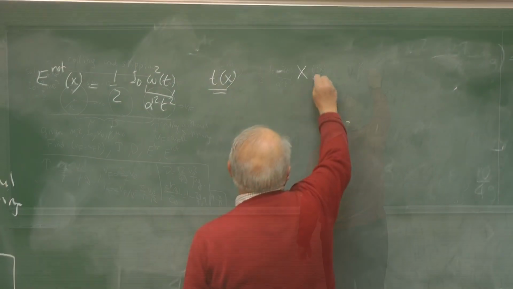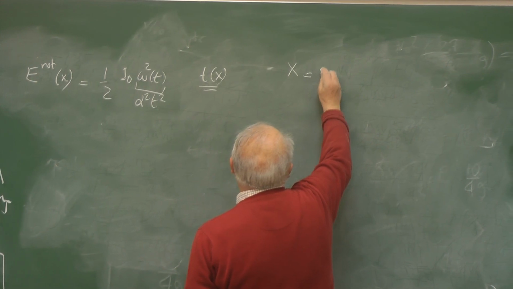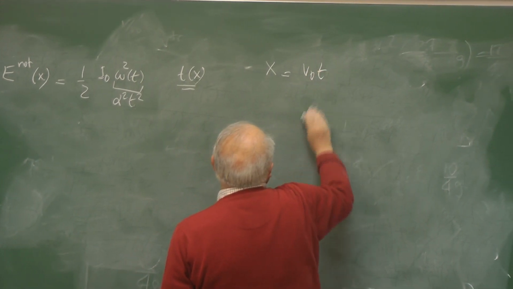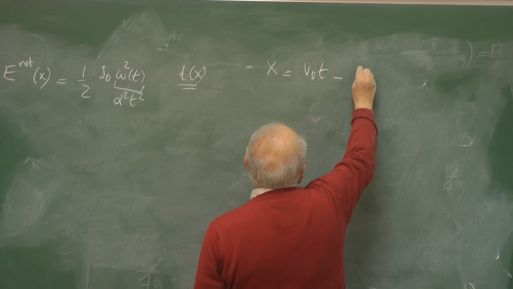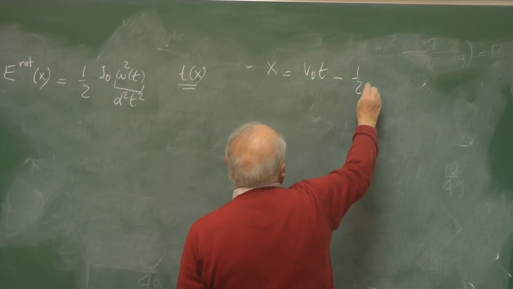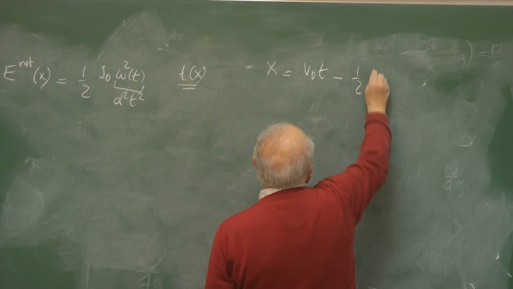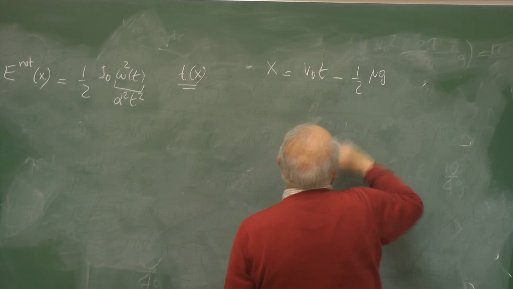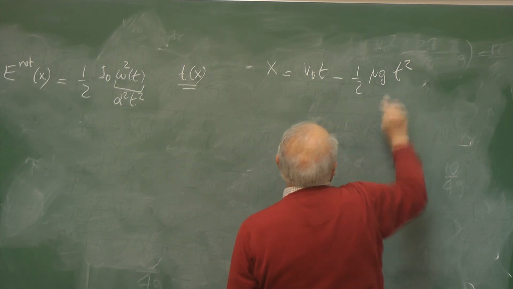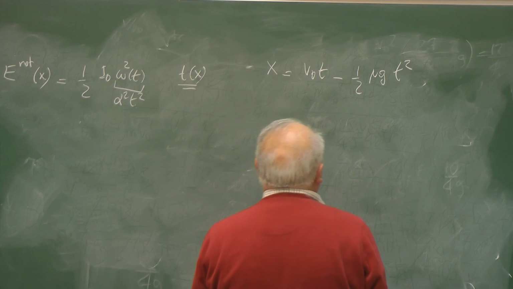So x equals x0, which is 0, plus v0 t minus 1/2 acceleration, and acceleration is minus mu g, times t squared. So we have to solve this quadratic equation.